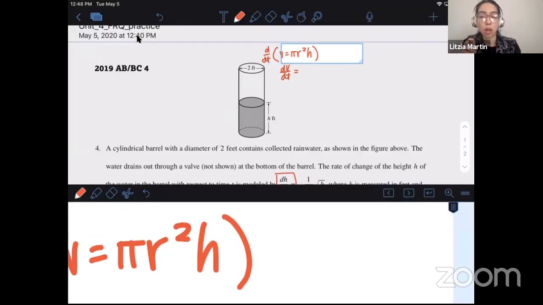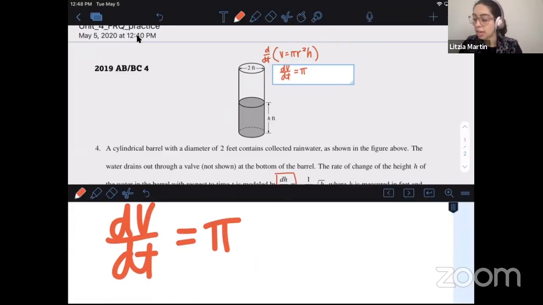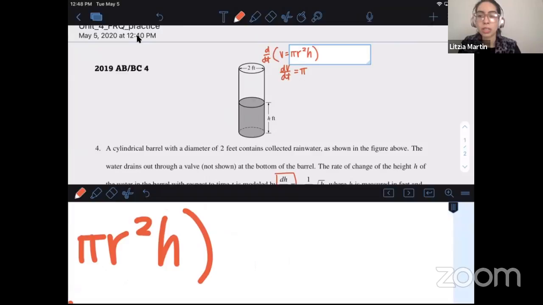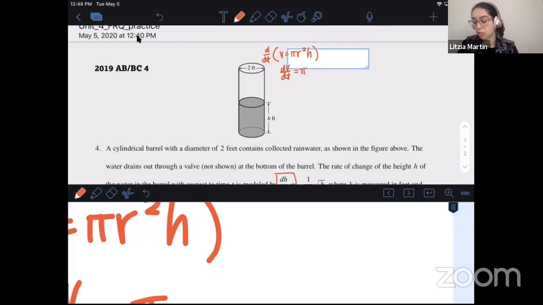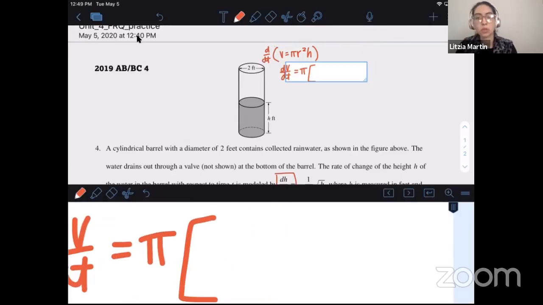Pi is a constant. It's a number. So that's our constant multiple, we can just keep that there. And then r squared times h is a product rule. So we need to apply that product rule here, which says we take the first times the derivative of the second.